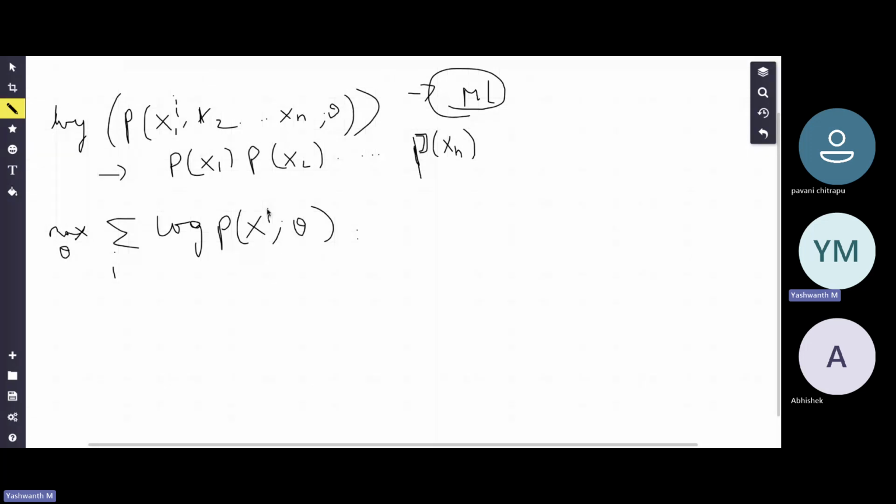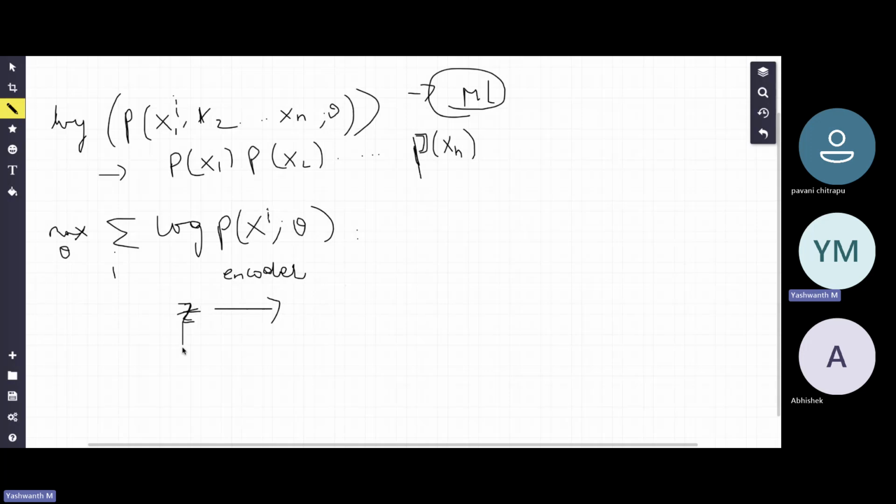Now, since we don't know the true distribution, we fit the model with parameters theta. In the variational autoencoder, we assume there is some latent variable z, and when we give it to a network, which you can call the encoder, it should generate the data.